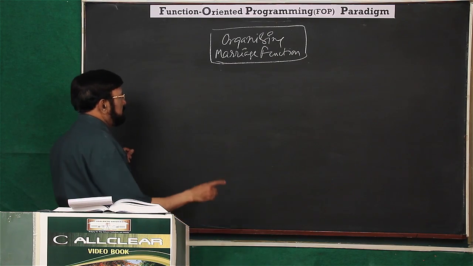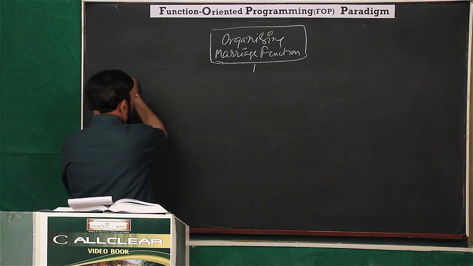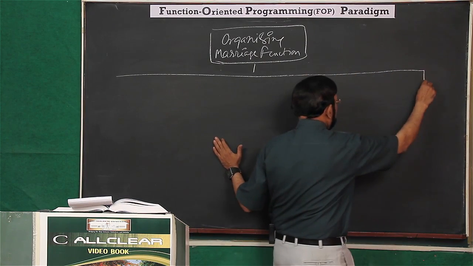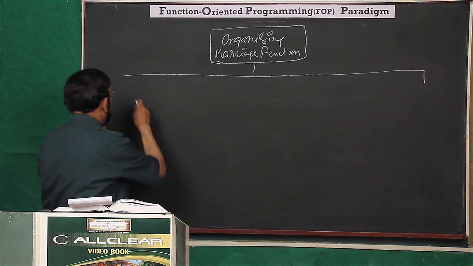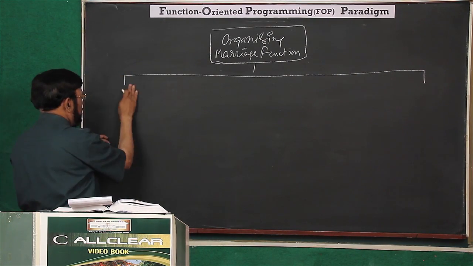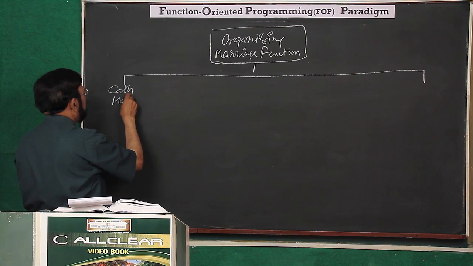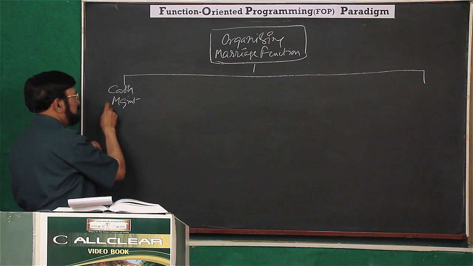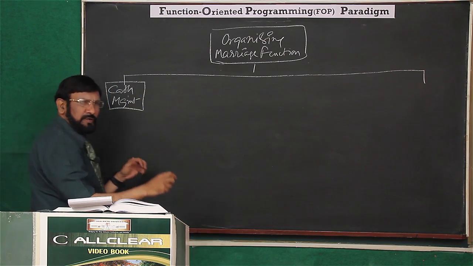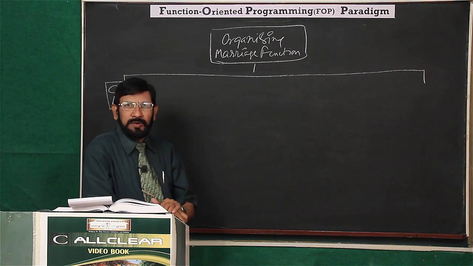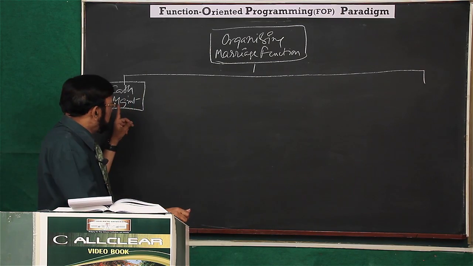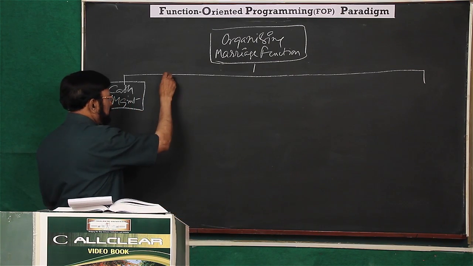Now, organizing marriage function. Let us draw this chart like the previous example. The first one is cash management. Cash management is very core because you have to pay dozens of people. So cash management is very, very core here.